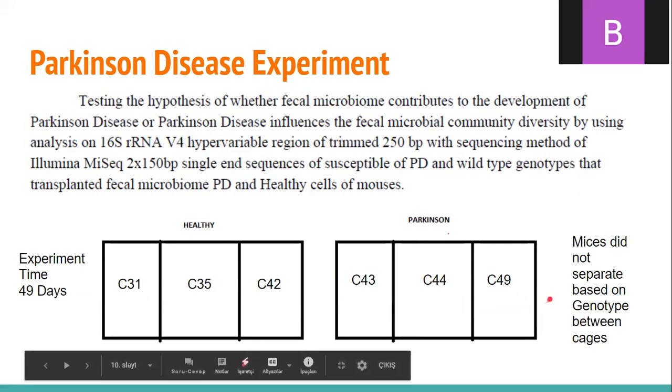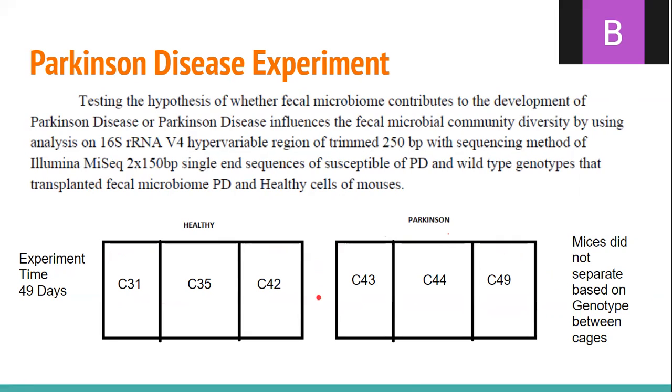And then we observed these mice for 49 days, and from time to time took samples from them for the analyses. I analyzed them for microbiomes, for 16S rRNA hypervariable region 4 investigation, for diversity changes over the complete 49 days.